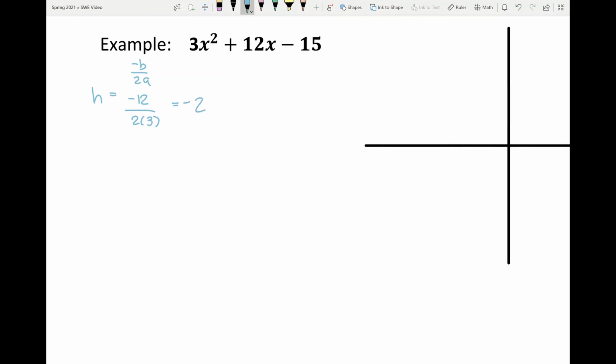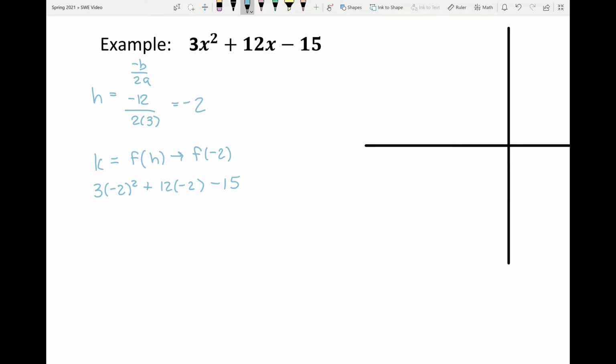And then we also need K, which is going to be the function when H is plugged in, which is also saying the function when negative 2 is plugged in. So we have 3 times negative 2 squared plus 12 times negative 2 minus 15.